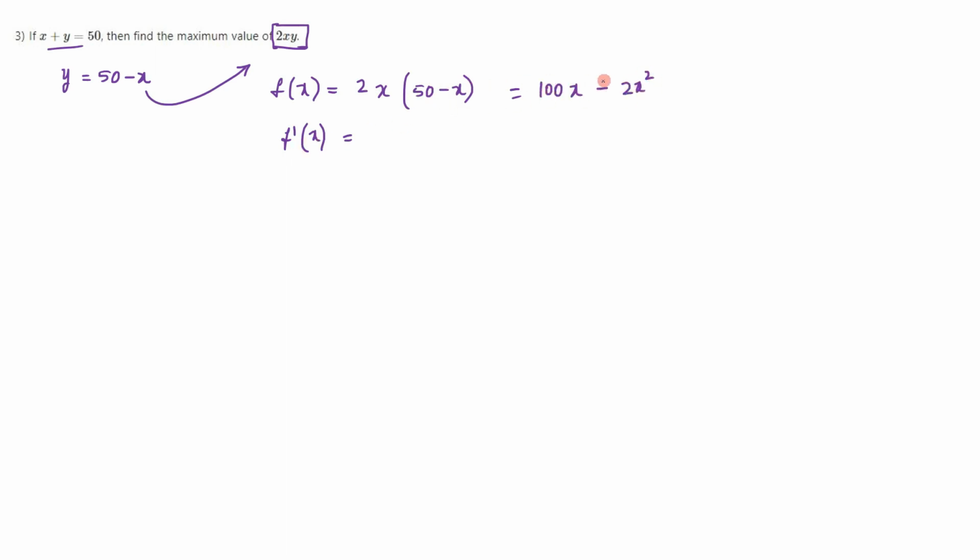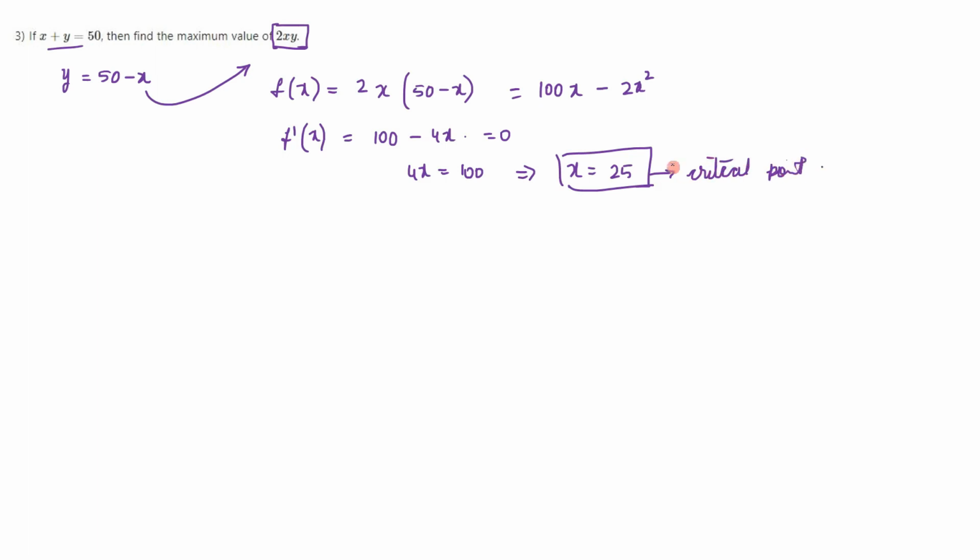Now if I differentiate this, f dash of x is 100 minus 4x. If I set this to 0, I'll have 4x is equal to 100. This implies that x equal to 25. So x equal to 25 is a critical point.